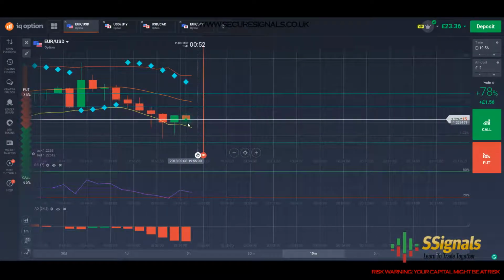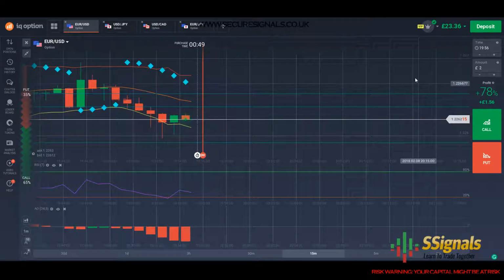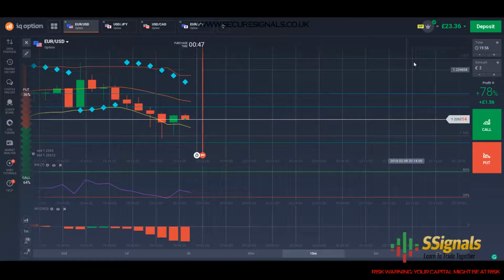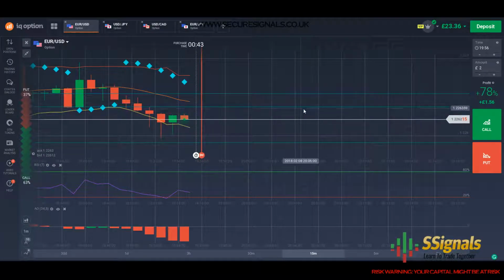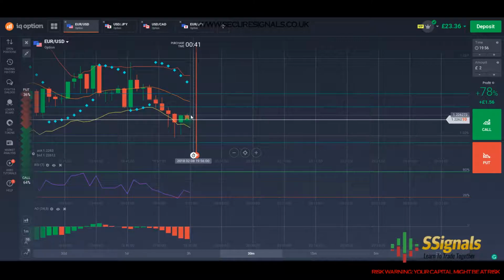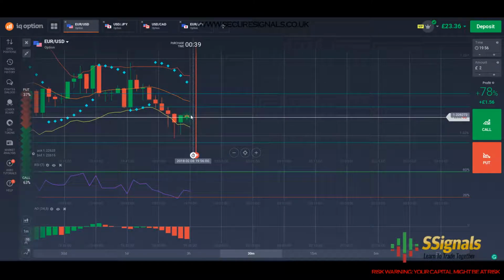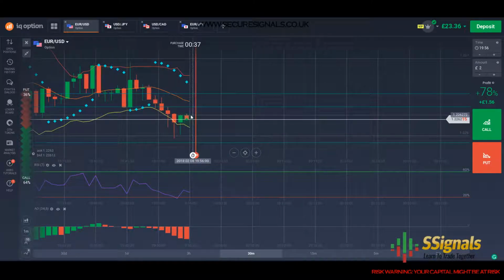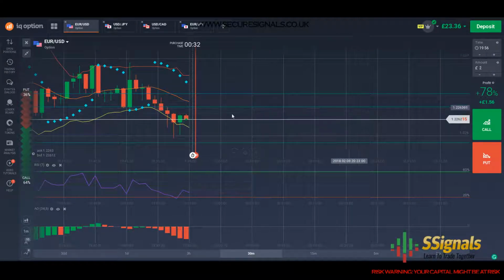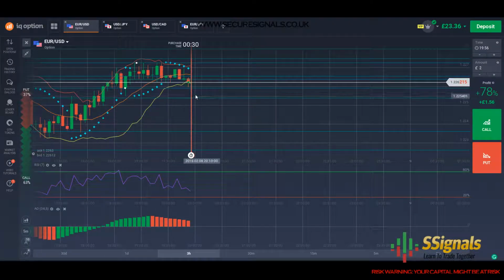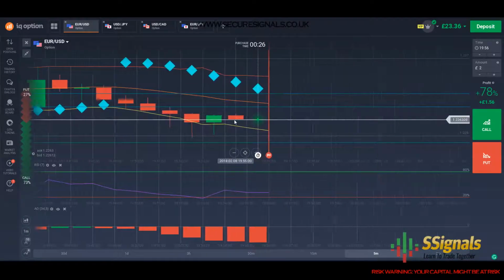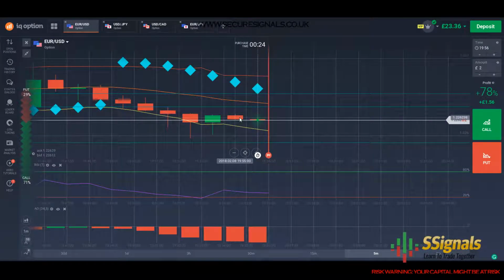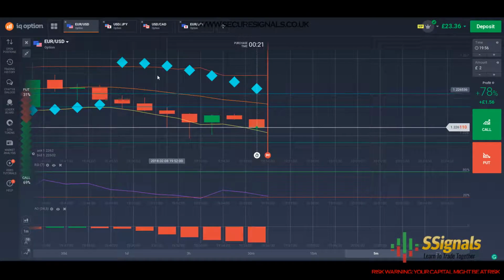So I'm hoping there'll be another candle here, and then we're just going to enter for 1956. Okay, so this candle is very confusing actually. So I'm going to actually miss out on that one.